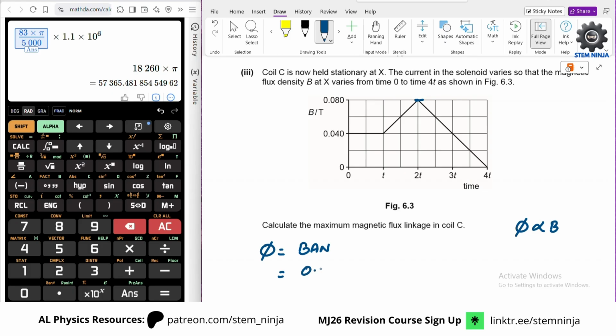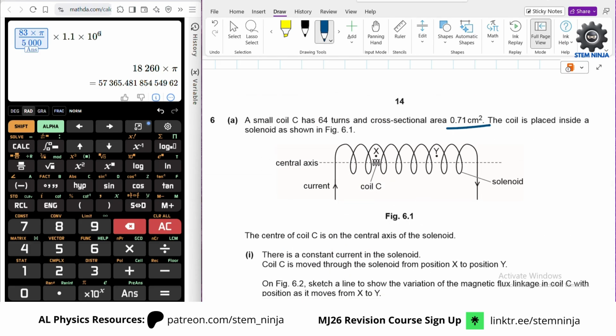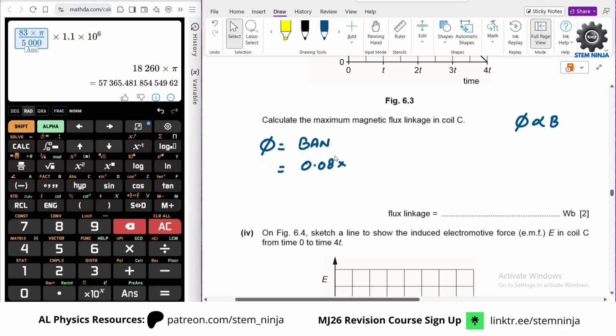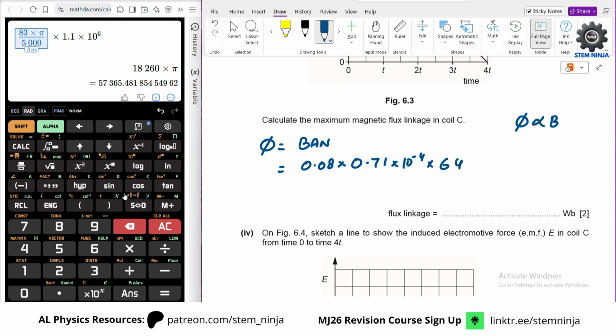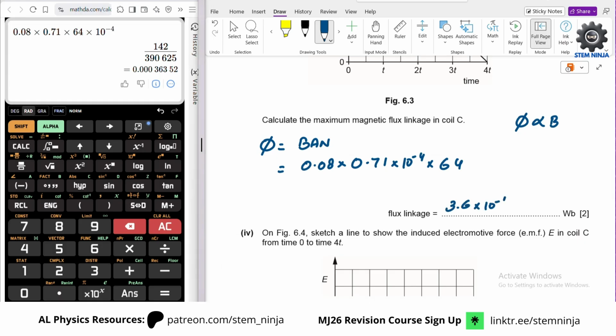So that would be 0.08, and the cross-sectional area and number of turns were given over here: 0.71 times 10 raised to the power minus 4 meters squared and 64 turns. So 0.08 times 0.71 times 64 times 10 raised to the power minus 4. This is 1, 2, 3, 4 ... minus 4 Weber.